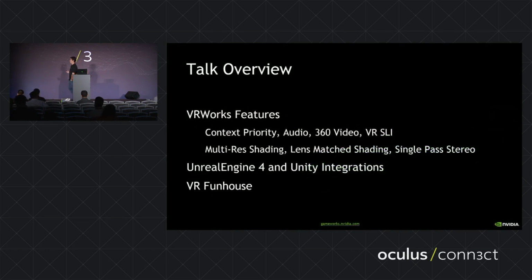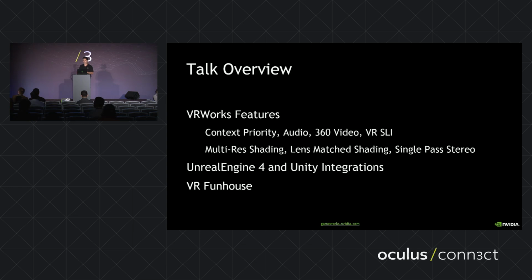So here's the talk overview, the things we're going to be talking about. The bulk of the talk is on the VRWorks features. VRWorks is this software and hardware platform that we have for accelerating VR and optimizing rendering and other things that go into making the VR experience great on NVIDIA platforms.